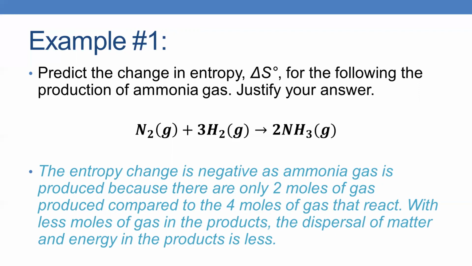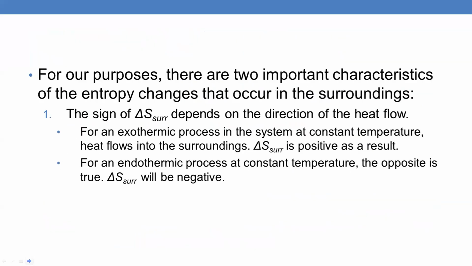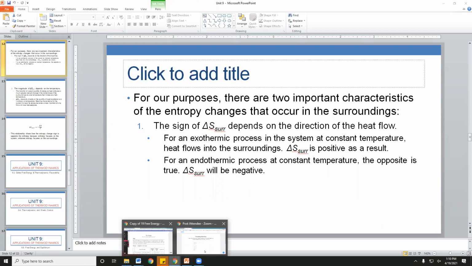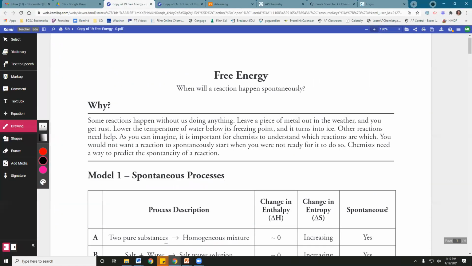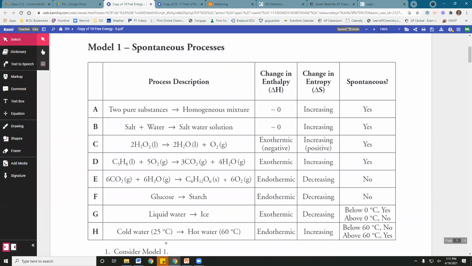Just like with enthalpy, there are numerical values associated with this. If you look in the packet that I gave you, in model 1 in this table, it's talking about all these different processes.